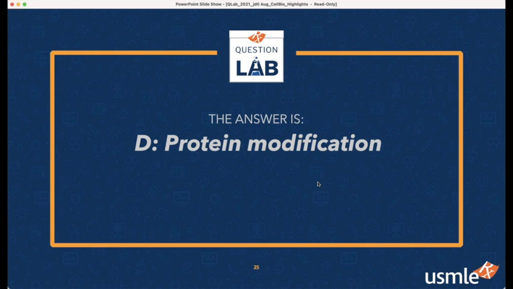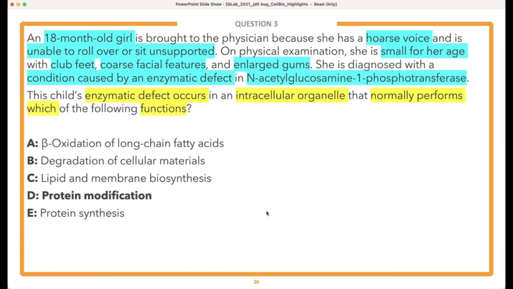Yeah, thank you, Jeff. Yes, another tough question here. So let's take a look at what's going on. So this patient has a few things going on. They're telling us that this patient has a defect in that specific enzyme, okay? And that defect occurs in the Golgi apparatus, okay?